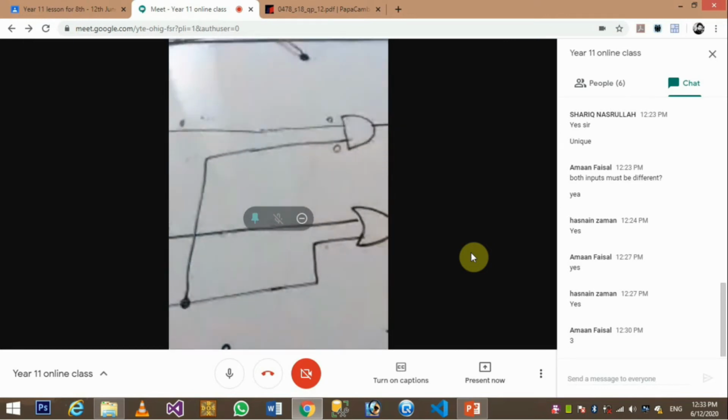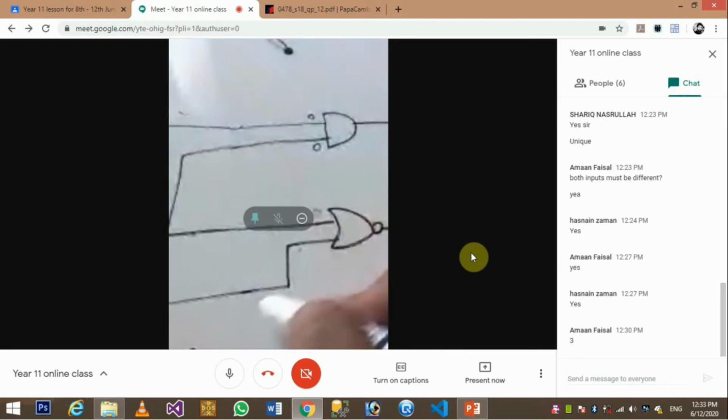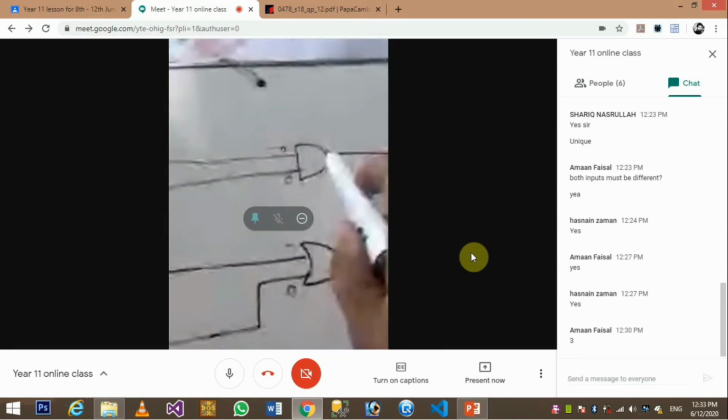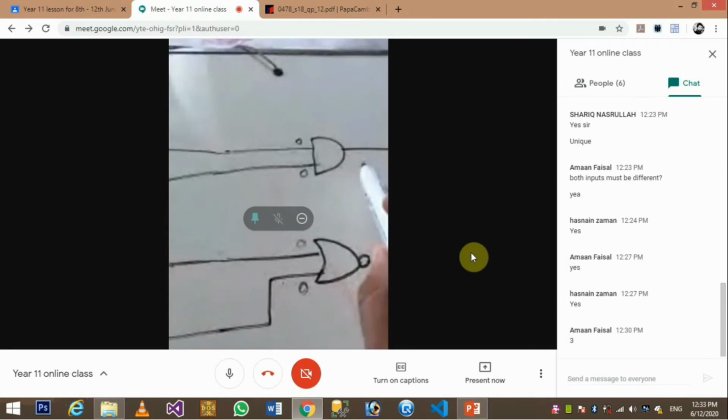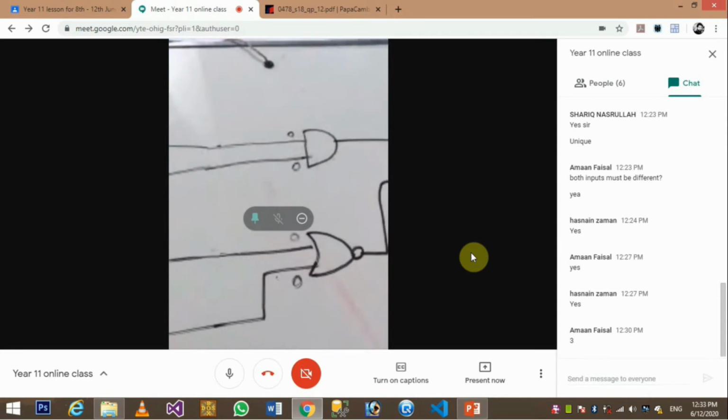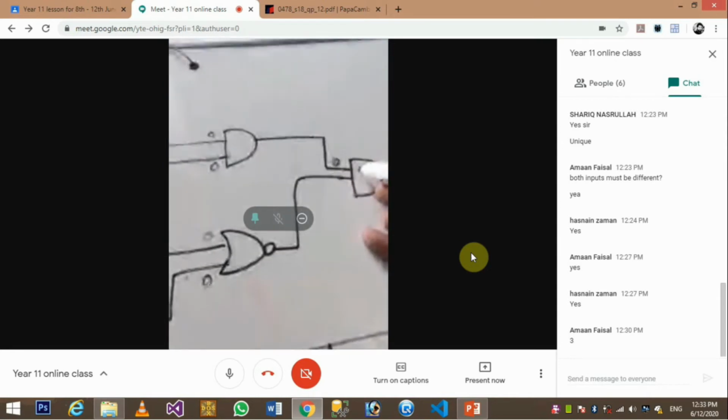So this would also be 0, and this will also be 0. Now 0 0 in AND gate, the output would be 0 and would be transmitted to that gate.